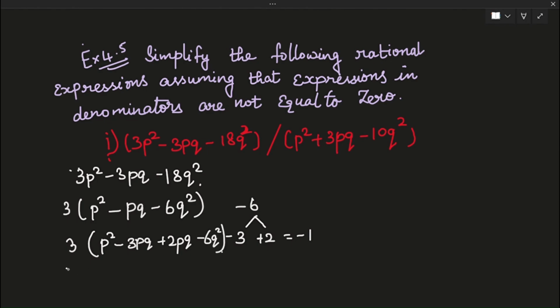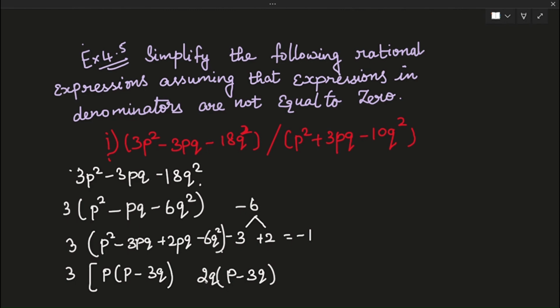Okay, again 3 will take out common, right? Then p we will take as a common, again p of minus 3q, because p into q is 3pq, then whatever we are getting here same thing, right? 3 minus q, again here you will get it 2. 2q you can take it as a common.